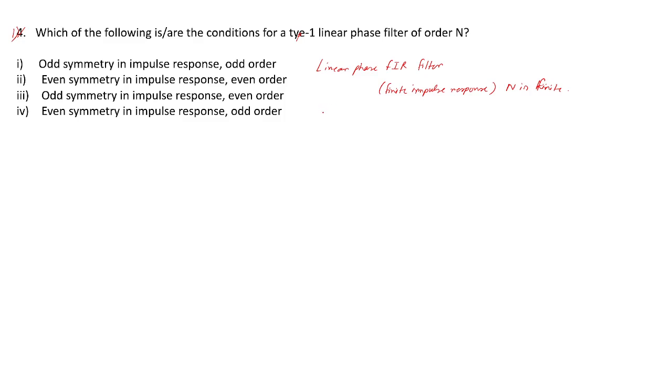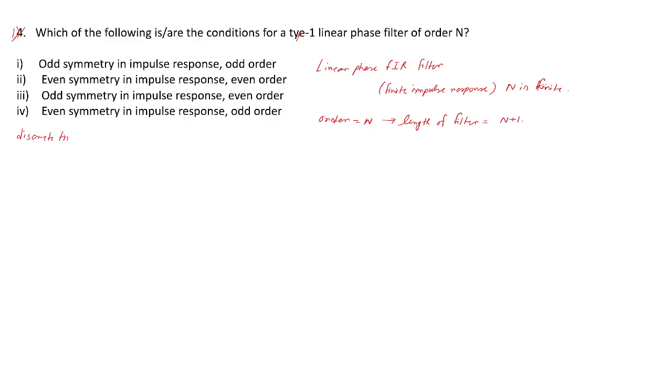We have seen that if the filter is of order n, generally the length is just one more unit, that is n plus 1. That is, if a filter is of order n, it suggests that the length of the filter is n plus 1.